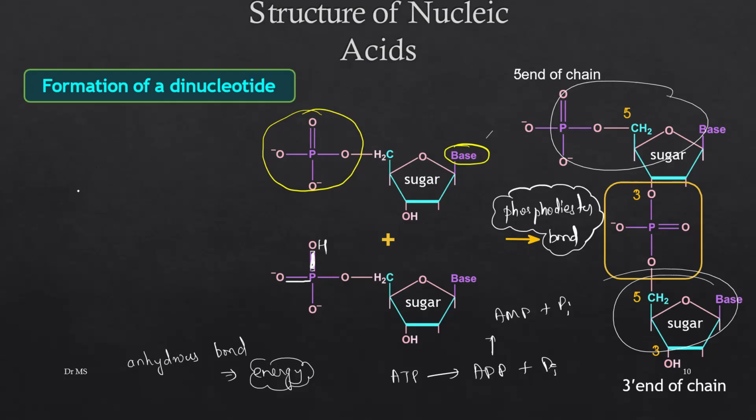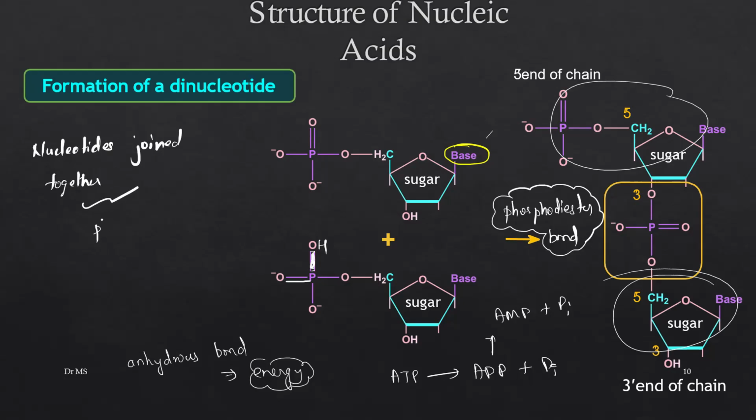So remember this one thing. That's how two nucleotides are joined by using this phosphodiester linkage. So just remember this: nucleotides are joined together by phosphodiester linkage, or you can say phosphodiester bond.